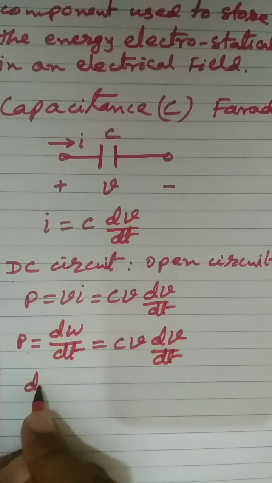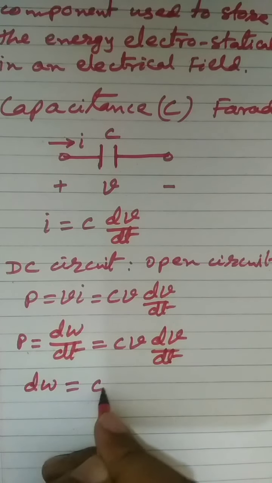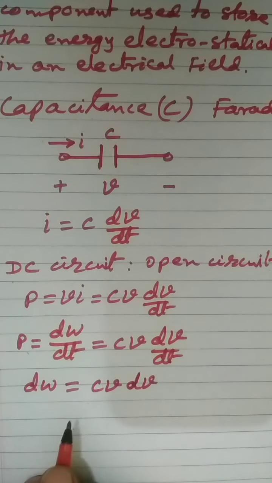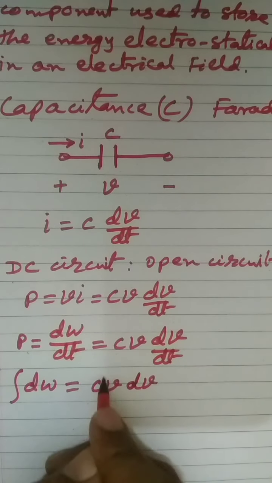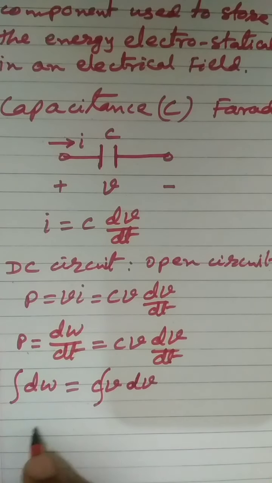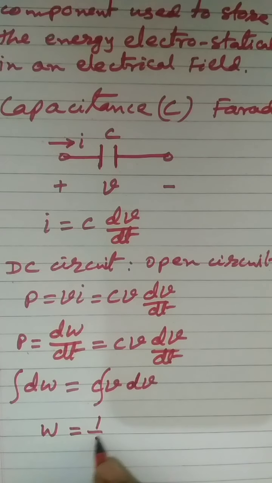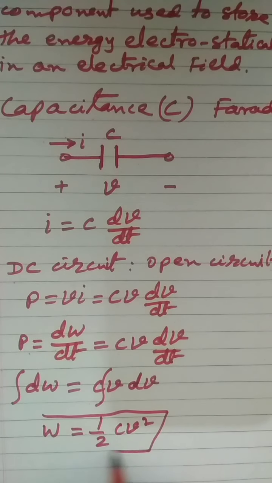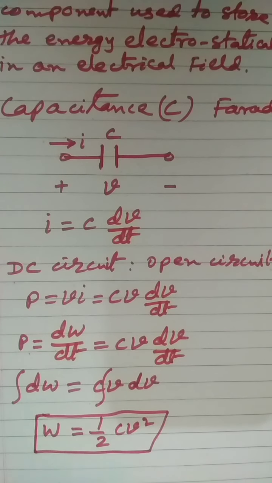So we can write d omega is equal to CV dV, and if we integrate both the sides, then we will get W is equal to half C V square. So this is the formula of the energy that is stored between two plates of a capacitor.